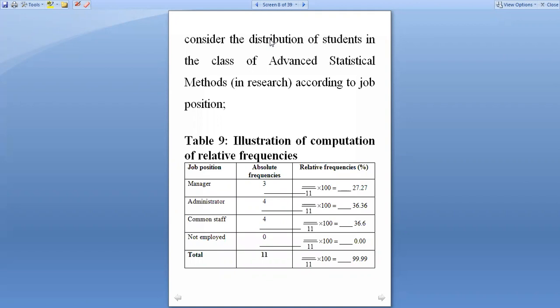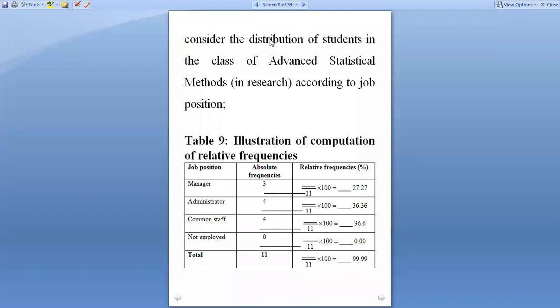Remember, for frequency counts, we don't have a formula. We simply said we get frequency counts by counting the number of times each category appears. For percentages, we have showed you something like a formula.